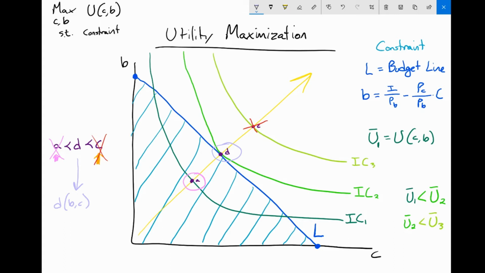That means D is going to give them the most amount of utility subject to their budget constraint. So bundle D will be the optimal decision. It gives them the most amount of utility, given the constraint.